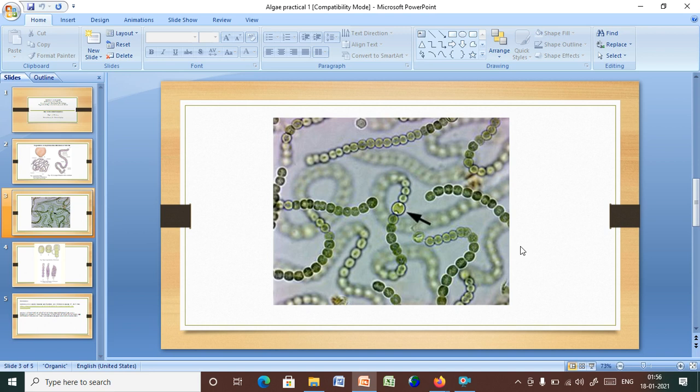And in other cases, they also reproduce by akinetes or spores. In some rare instances, heterocysts may act as spores, but usually the heterocysts help in nitrogen fixation.